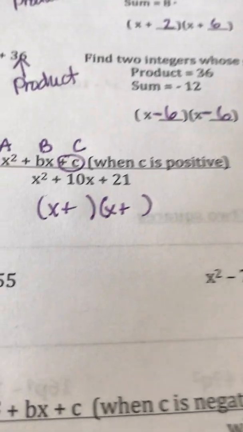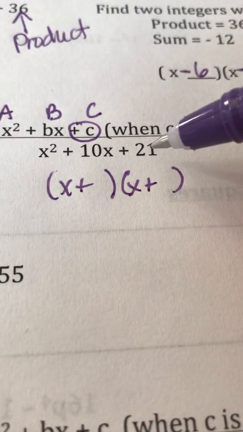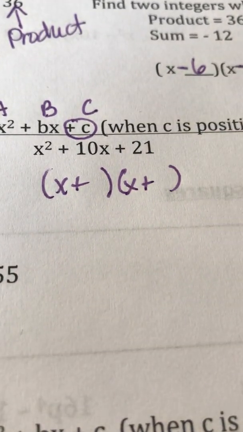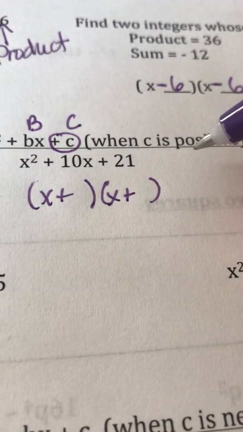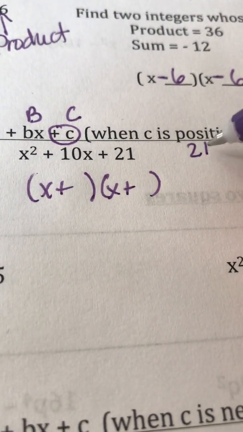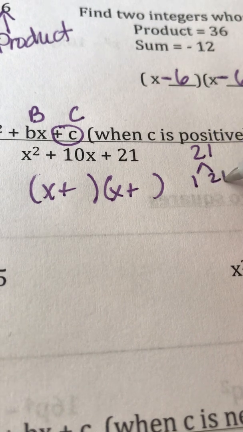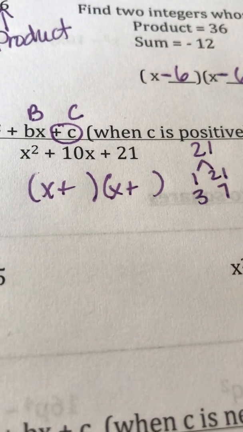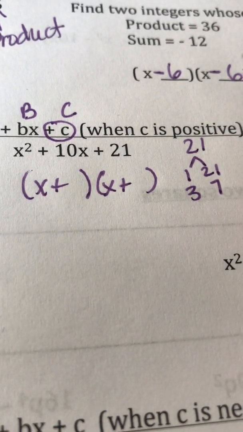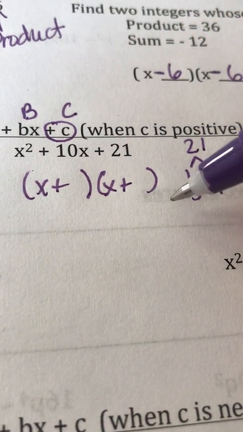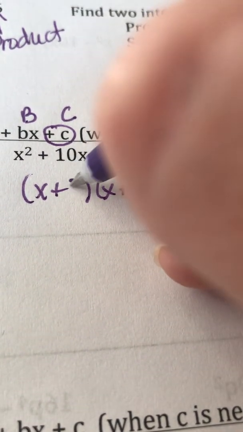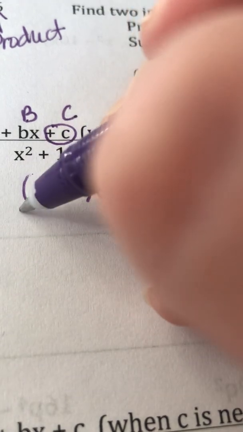Okay, so now we want to find something that has a product of 21 and a sum of 10. Factors of 21 are 1 and 21, 3 and 7. Looking for a sum of 10, I can see that 3 and 7 give me a sum of 10.